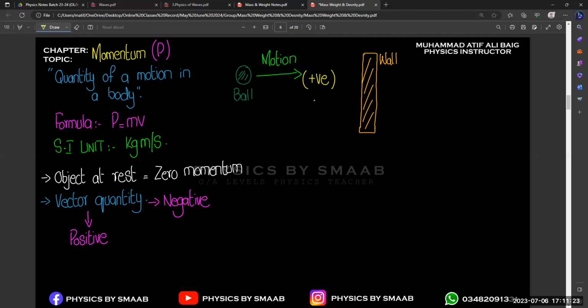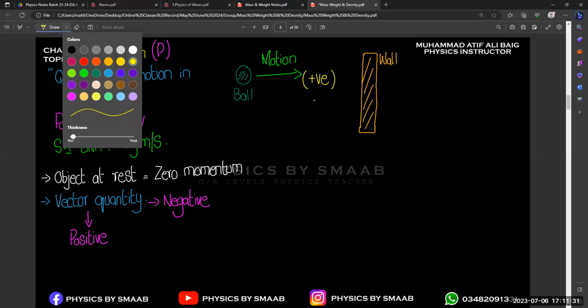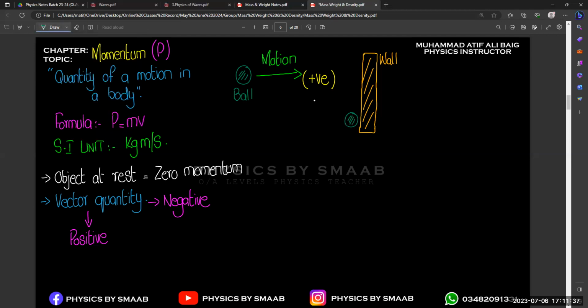Because this is the initial motion of the ball and it is moving towards the wall. After reflecting back from the wall, when this tennis ball bounces back, it is going to bounce in the opposite direction. So the direction of motion will be opposite this time, like this.